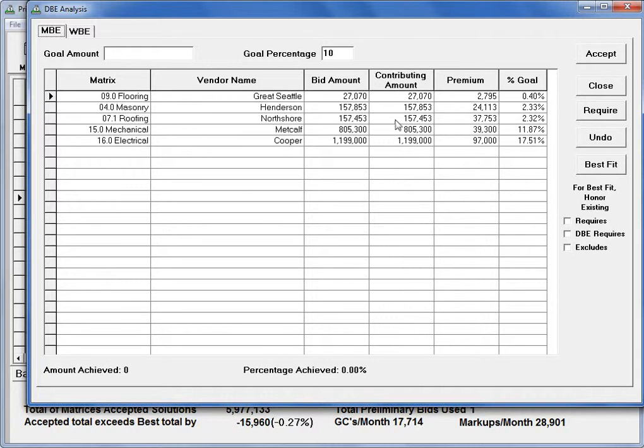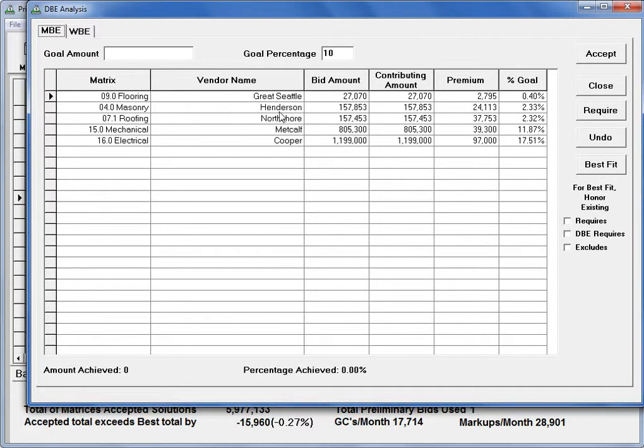So that contributing amount then would be different than the bid amount. We then see the premium, or the amount that it will take to use that subcontractor instead of the existing solution in the matrix, and we see the percent of the overall bid that will achieve the goal by using this subcontractor in one of the solutions.